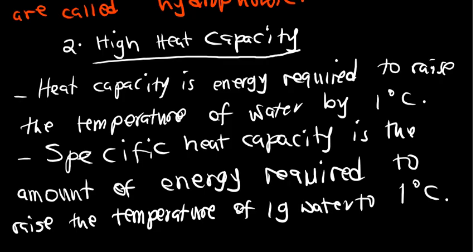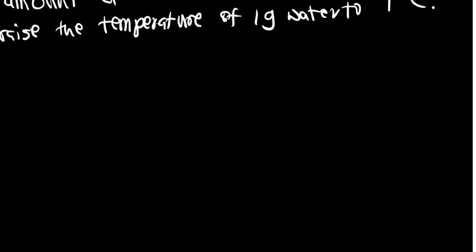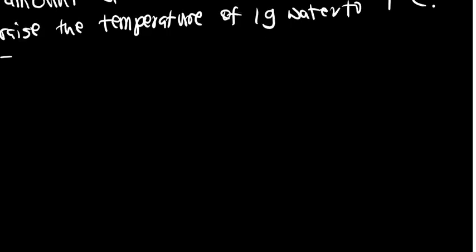And the specific heat capacity of water is actually 4.2 joules per gram per degree Celsius.